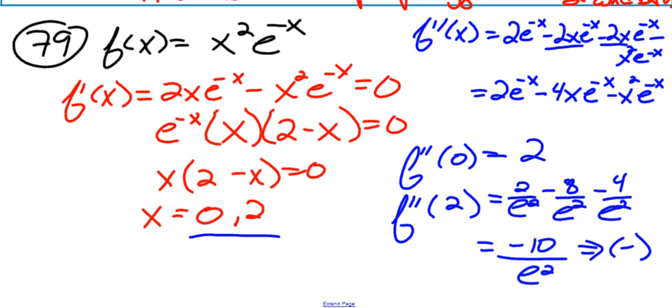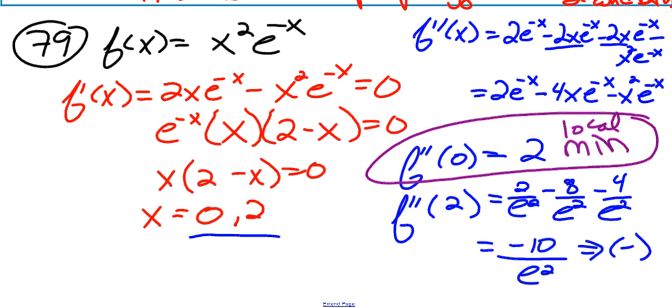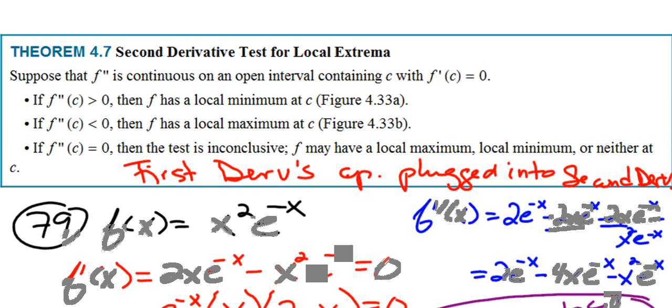Okay, so I left it at this, and I just wanted to tell myself that it really is a negative value. I'm looking for my local max and min. Because of second derivative testing, I have f double prime of 0 is equal to 2. This has got to be my min. You may think, but it's the positive one. But let's go back and check our second derivative testing.